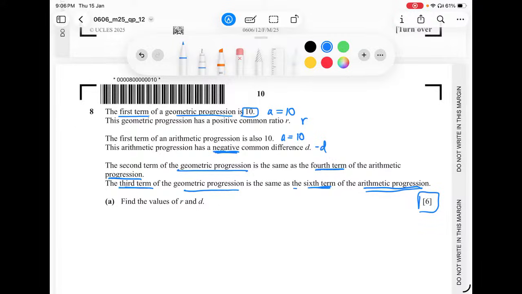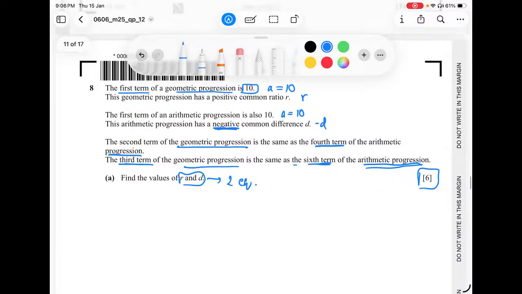So we need to just use all the information to find R and D. So we need to find two values, so we need two equations. You can remember by this: the number of values corresponds to the number of equations you need to form to do the simultaneous equations. The first information they gave is the second term of the geometric progression.